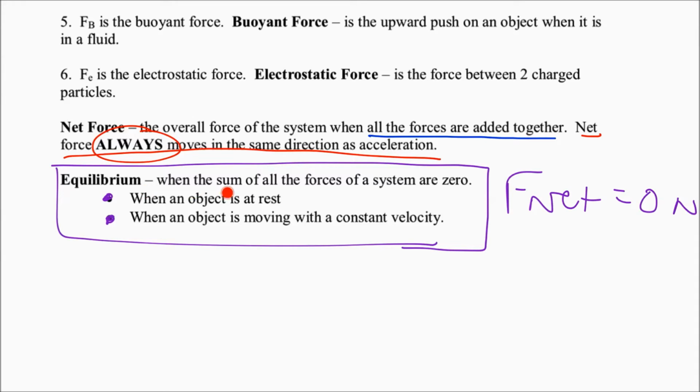So if the object is at rest, that is one situation in which it's in equilibrium. And then the next one is if it's moving at a constant velocity. And there is something that's the same about both of those situations, and that is the acceleration would be 0. If you're moving at a constant velocity, you have a 0 acceleration, and if you're sitting still, you have a 0 acceleration, and so that will put the system in equilibrium.